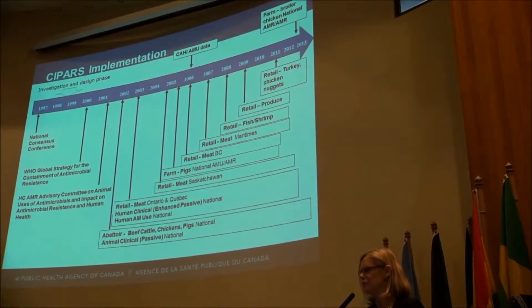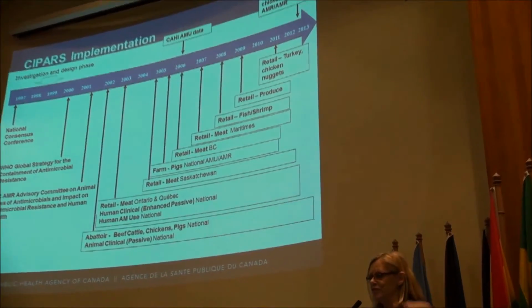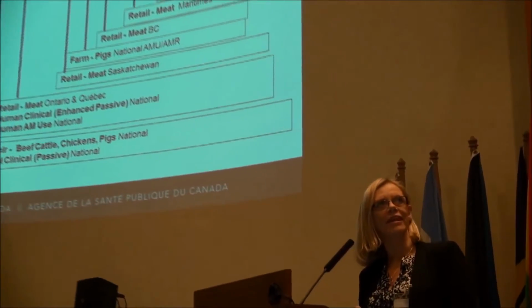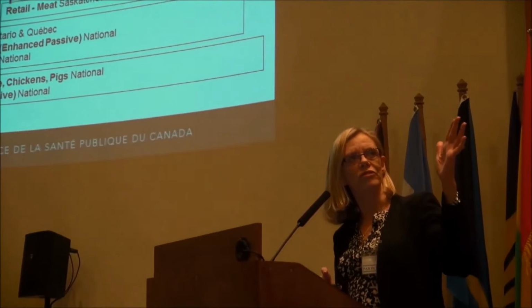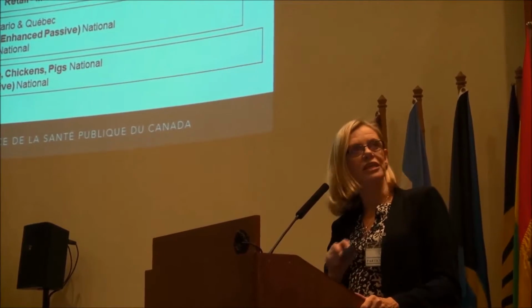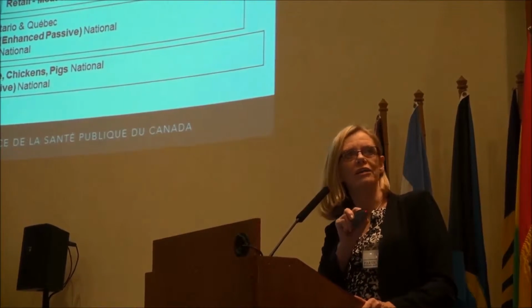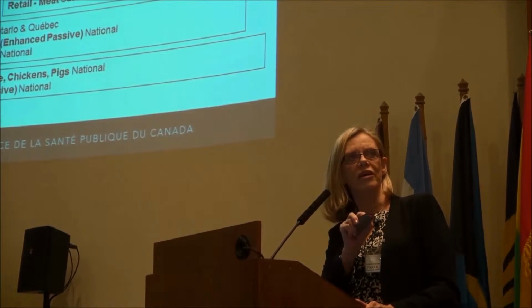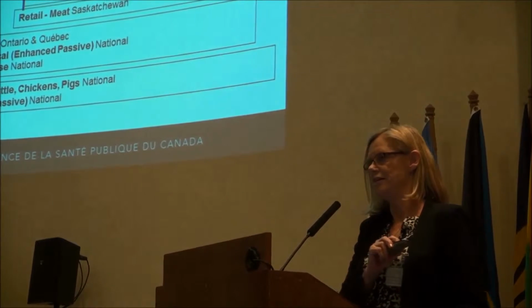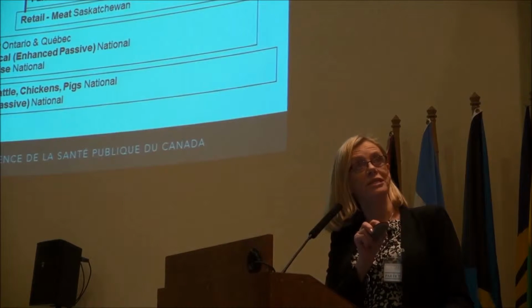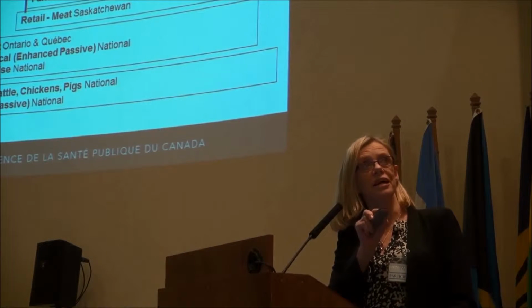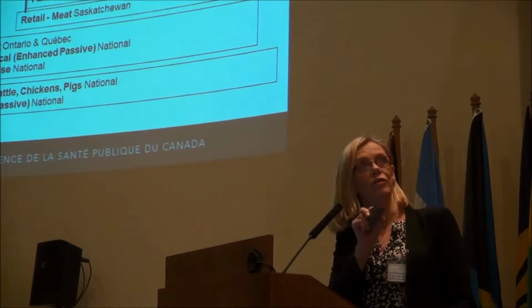Maybe we should look at animals. So that's how the recommendations started coming down. And then, through the early 2000s, there were recommendations that came from the WHO, and then we had an advisory committee also that was reporting into Health Canada that again recommended that we have a surveillance system. So basically, we were building the design aspect here all through these years.